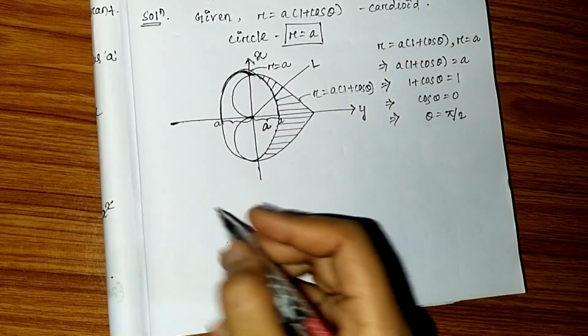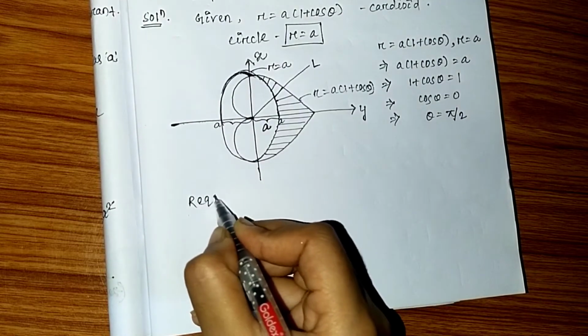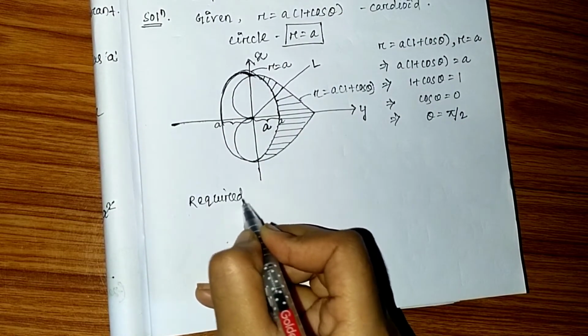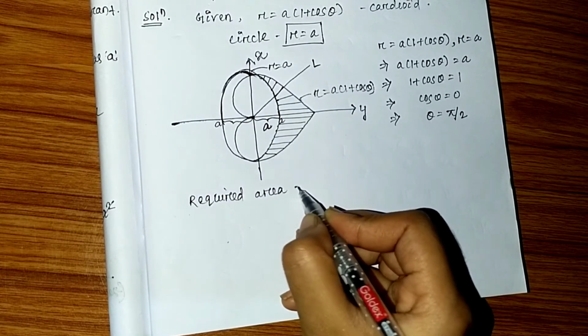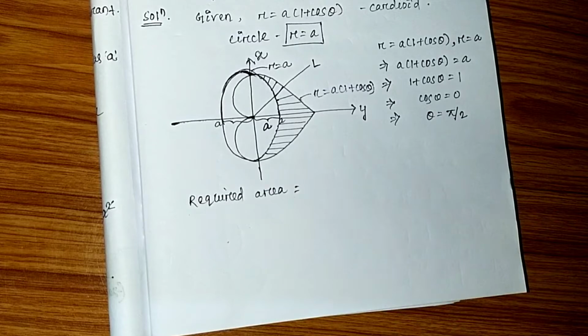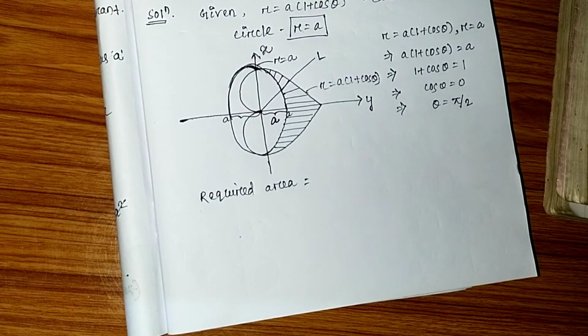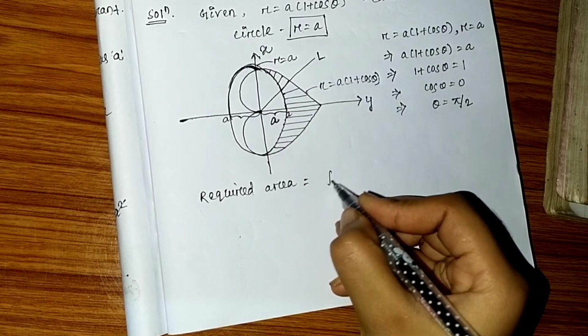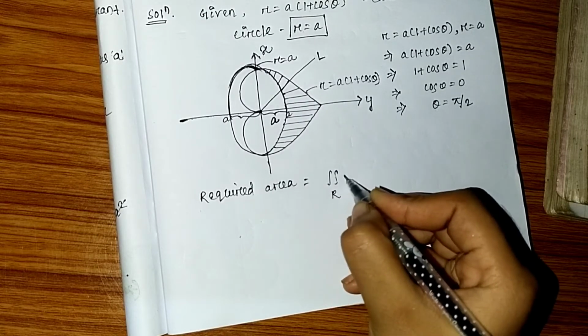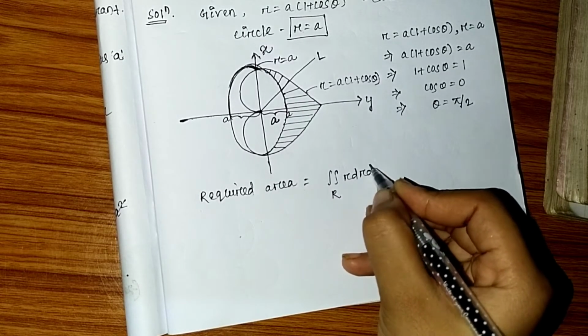So our required area equals, since here there are two polar curves, our formula is the double integration over r dr d theta.